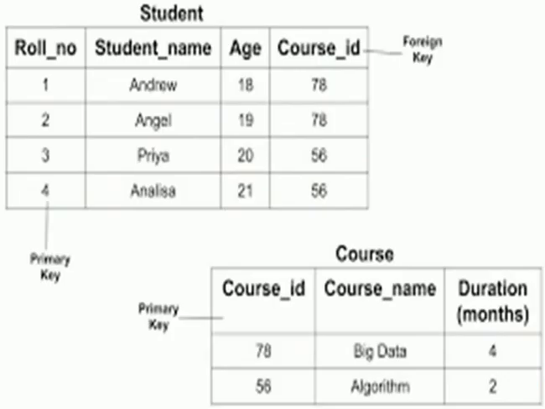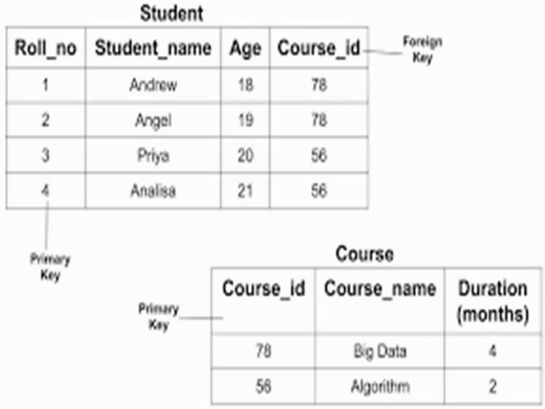Now, in the next example, which is in front of you, you are able to see 2 tables. One is student and another is course. If you observe carefully, course ID is the common field. In one of the tables, it is the primary key, and in the other table, it is the foreign key.